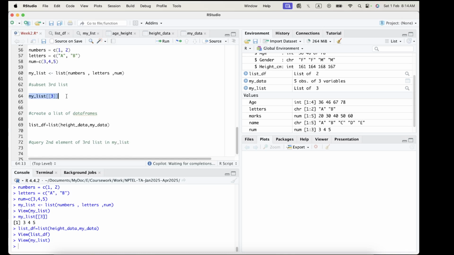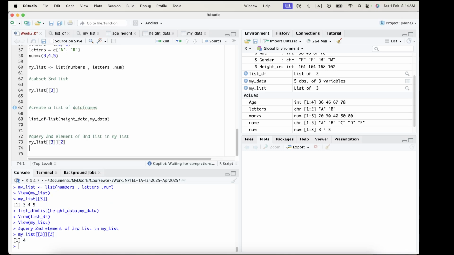My list 3 is returning the entire list and I want the second element, so I'm going to write 2. So this is giving me 4.